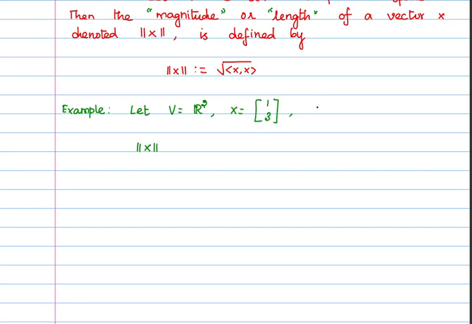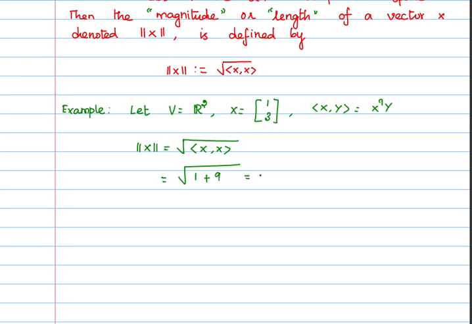Our inner product is defined as the inner product of x comma y equal to x transpose y. So that implies the square root of the inner product of x comma x, which is the square root of 1 times 1 is 1, 3 times 3 is 9.